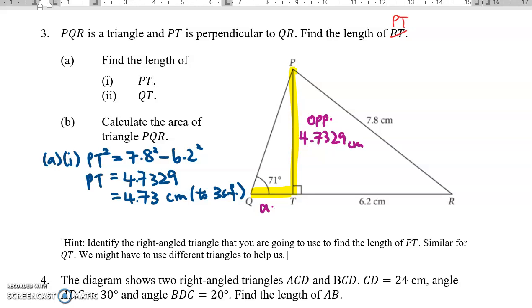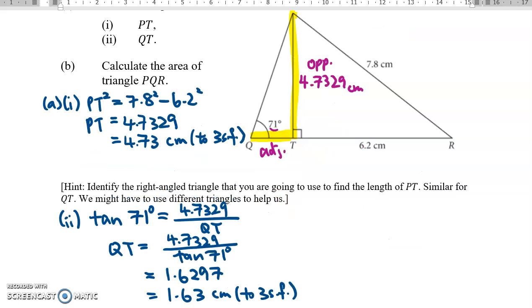I want to find the length of the adjacent given the reference angle here. So for part 2, I will make use of tangent of 71 degrees is opposite over adjacent. So QT is this value here, and I'll round it off to 3SF.